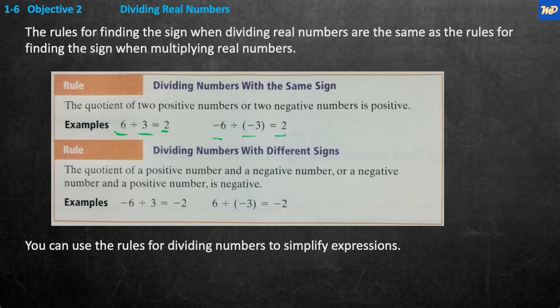And you already knew that. So negative 6 divided by 3 is negative 2, and 6 divided by negative 3 is negative 2. So you can use the rules for dividing to simplify expressions. We'll do that in the next slide.